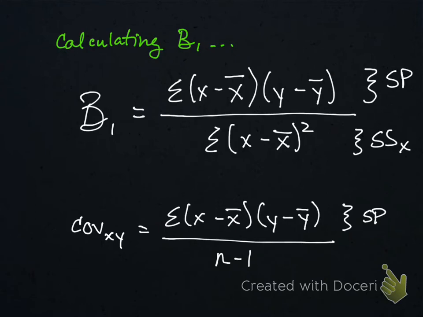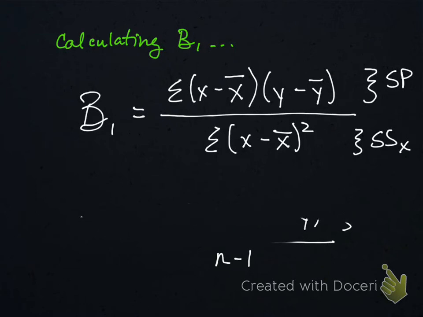So while the slope parameter itself is a new equation, the pieces that comprise that equation should be a little bit more familiar. And I'll also mention that if you wanted to, you could also calculate the slope parameter in a different way.